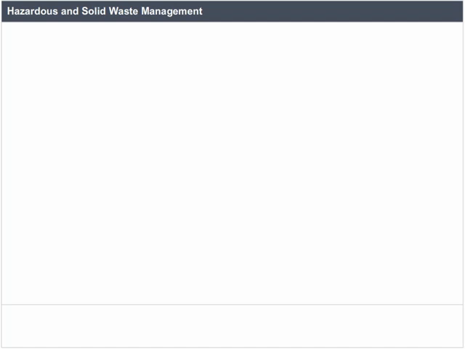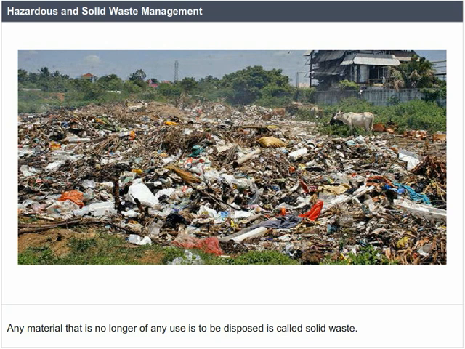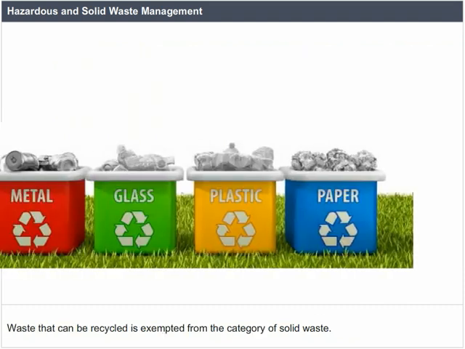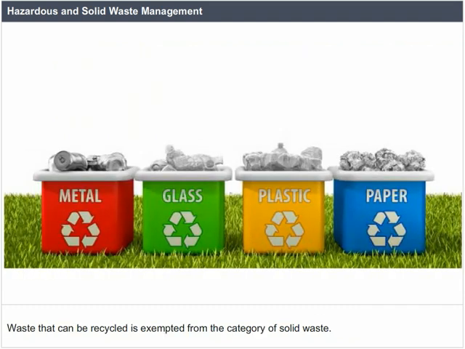Hazardous and solid waste management. Any material that is no longer of any use and is to be disposed of is called solid waste. Waste that can be recycled is exempted from the category of solid waste.